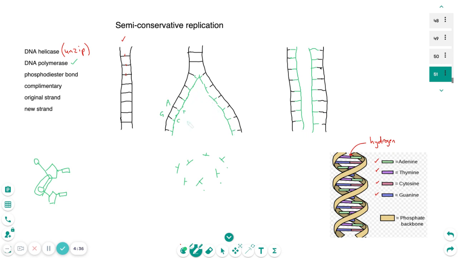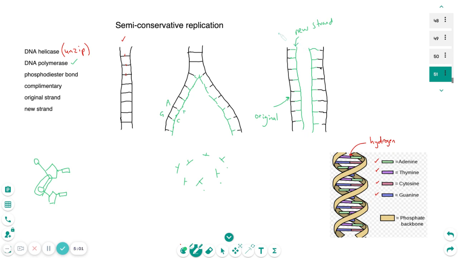And eventually you end up with something that looks like this. The black colour here is representing the original strand. So this is the original, and now we've also got a new strand.